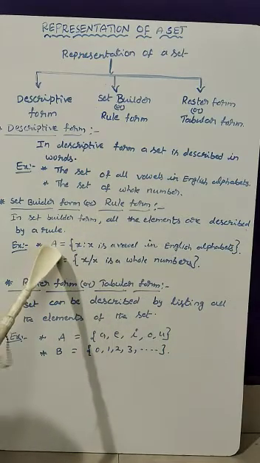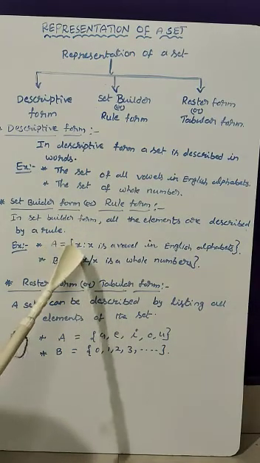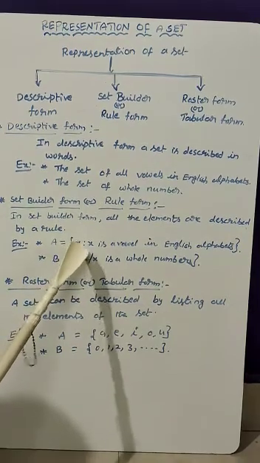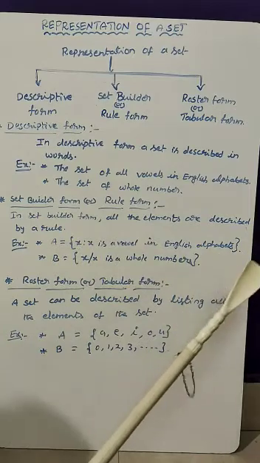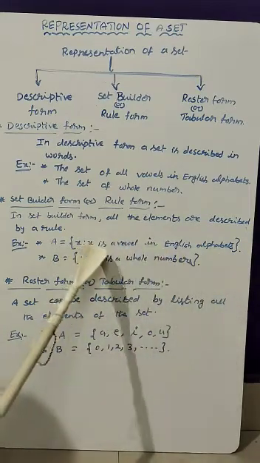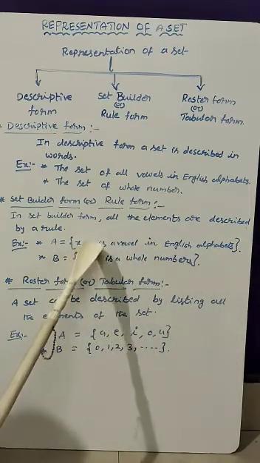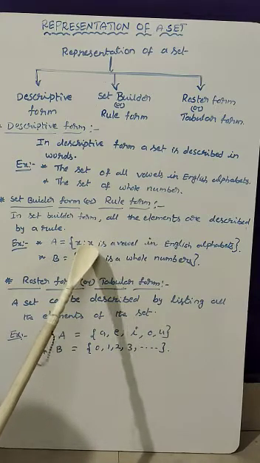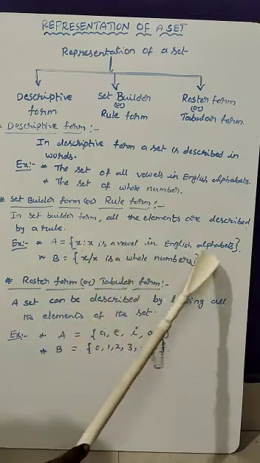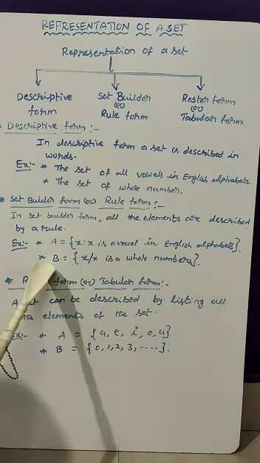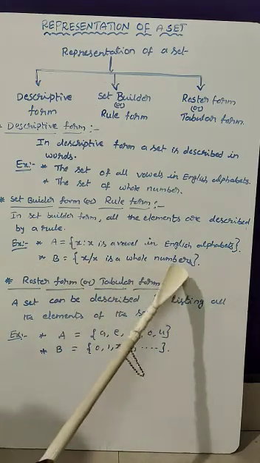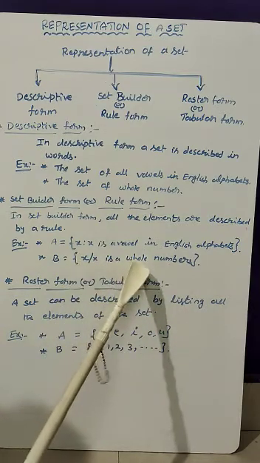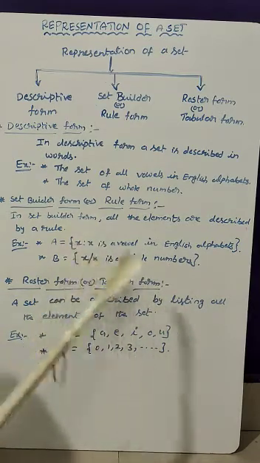For example, A equals curly bracket start, x such that x is a vowel in the English alphabet. So this is the rule form. X such that x is a vowel in the English alphabet. And the second example is B equals x such that x is a whole number. So these are the rule form.